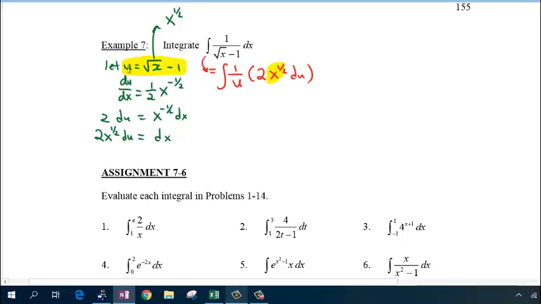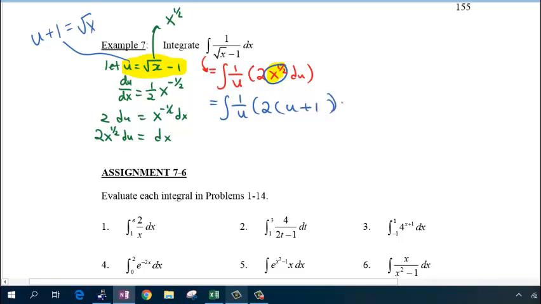Remember what we can also do with this expression. We can move this around, perhaps write down u plus 1 equals the square root of x. And once again, the square root of x is just x to the 1/2, so bam! We now know that the x to the 1/2 can be replaced with u plus 1 du. Nice!